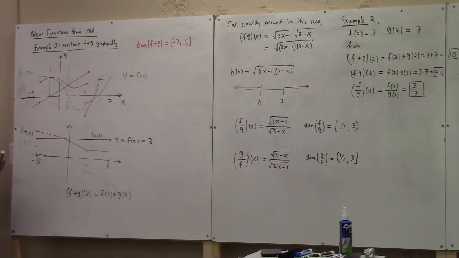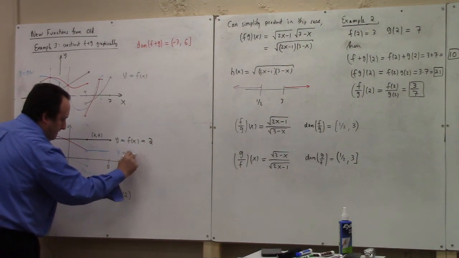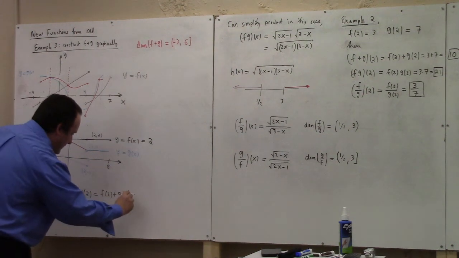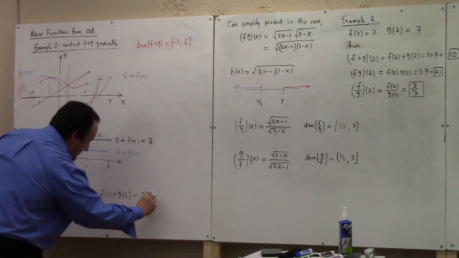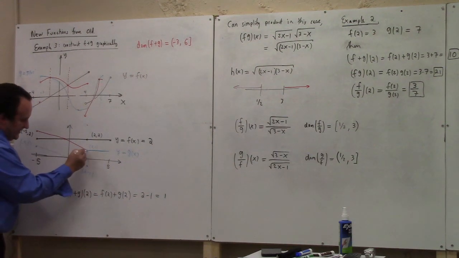But I should have. So g of 2 is what? G of 2 is -1. And f of 2 is 2, right? So we have 2 minus 1, which is 1. So I'm drawing the sum function in red. So basically I have to fill in the dot here for the red one.